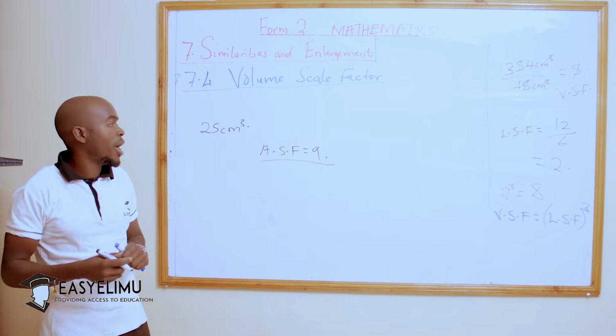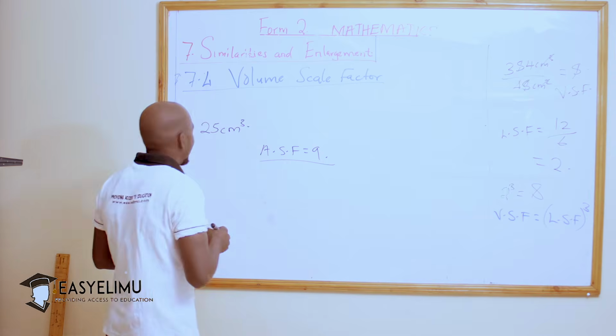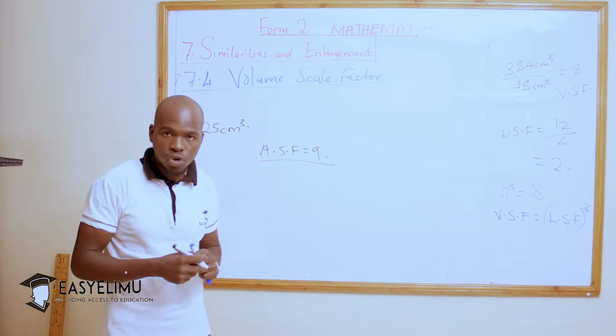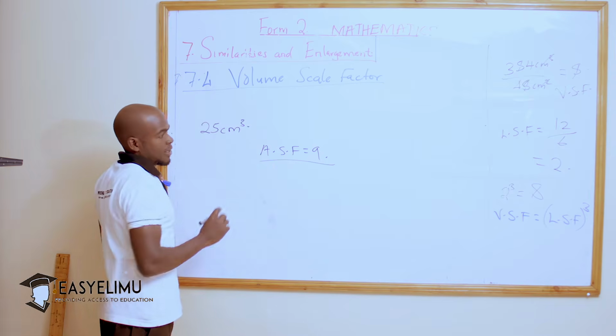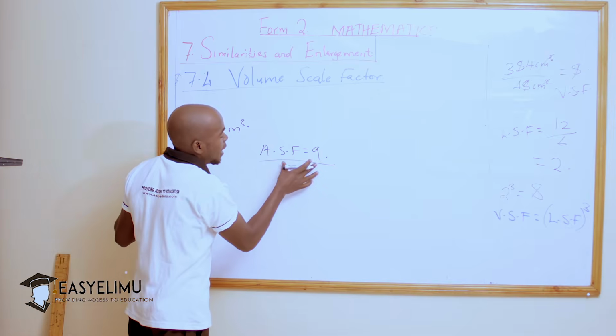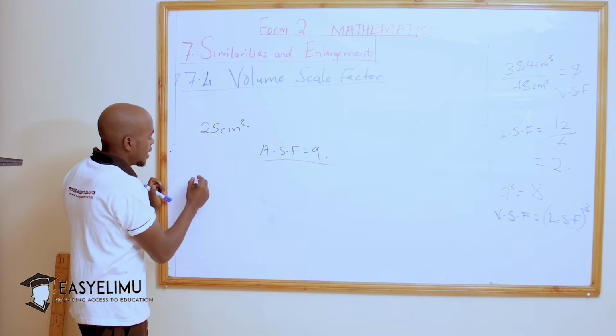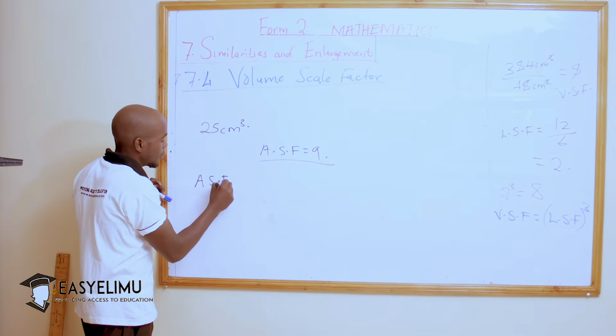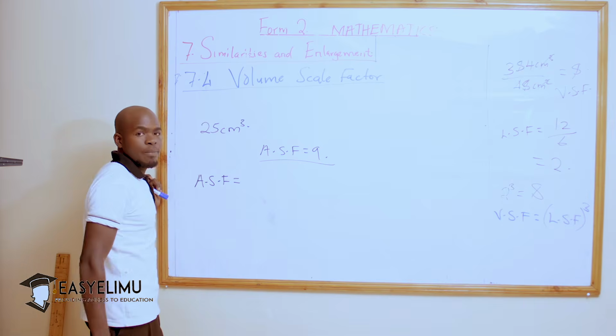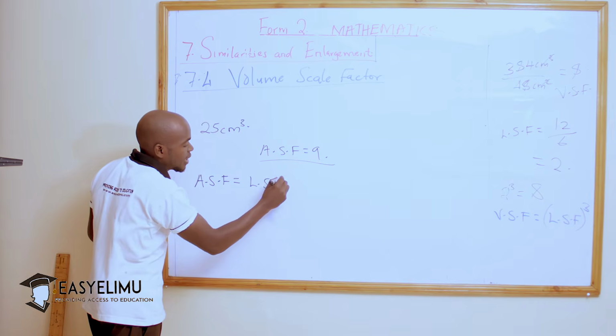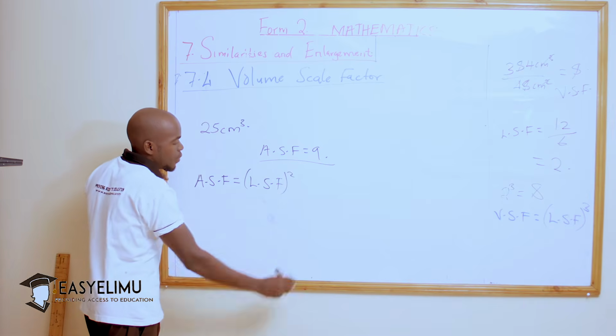Here, what you are required to do is first analyze the question. We have the area scale factor, but remember, the area scale factor can be obtained by taking the linear scale factor and squaring it.